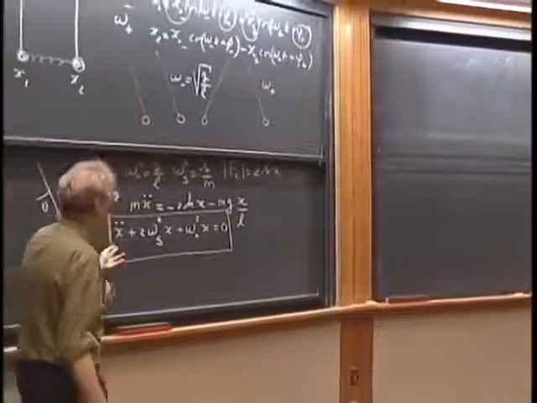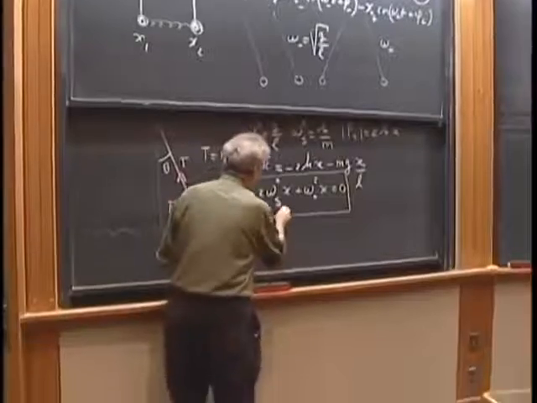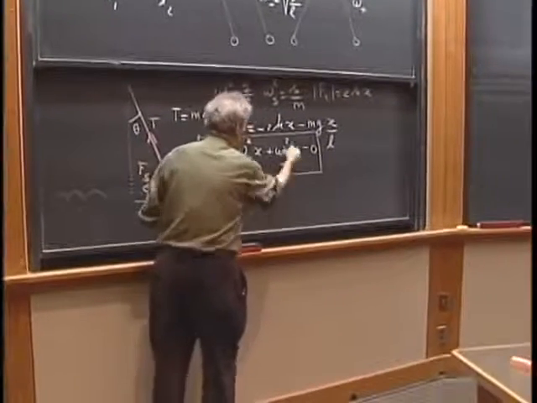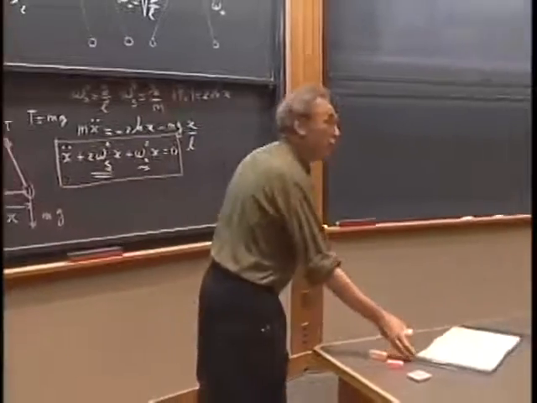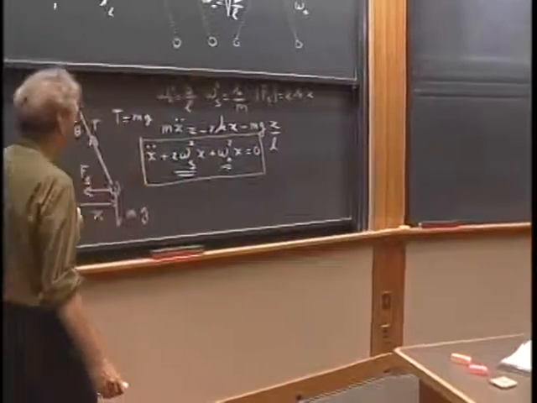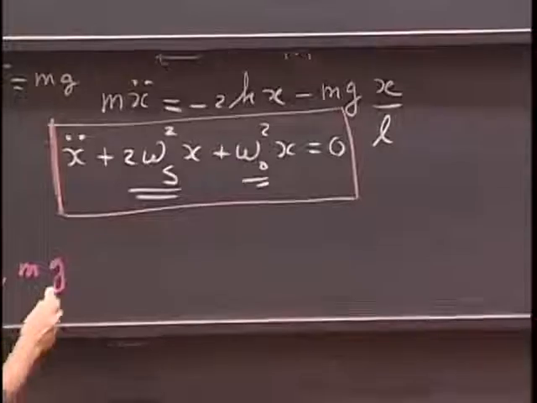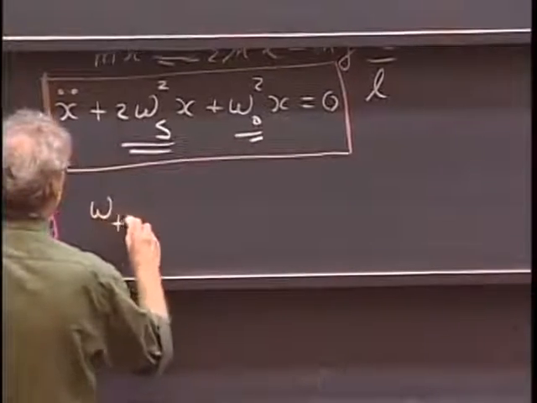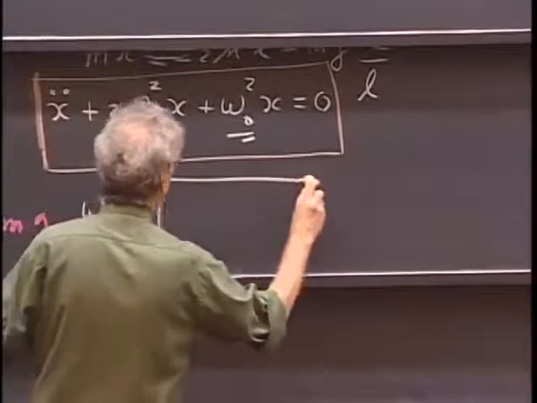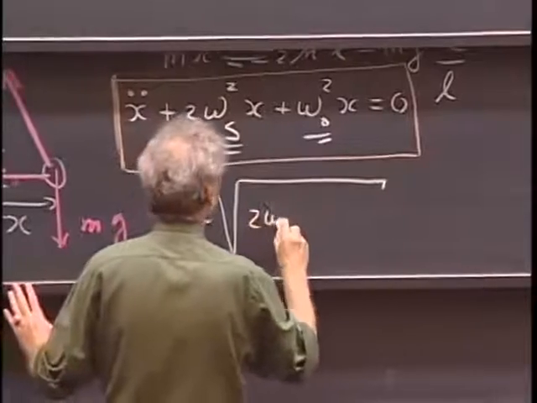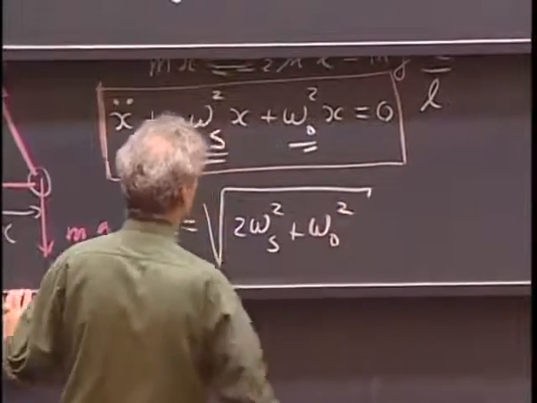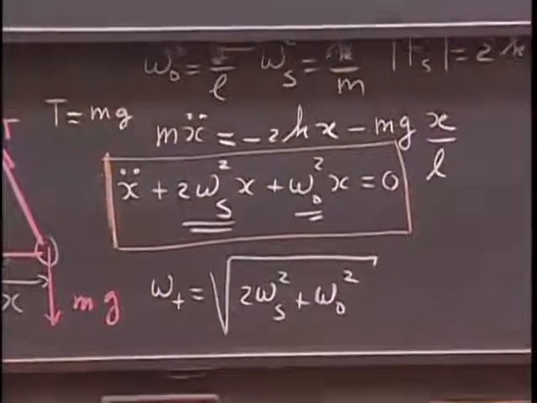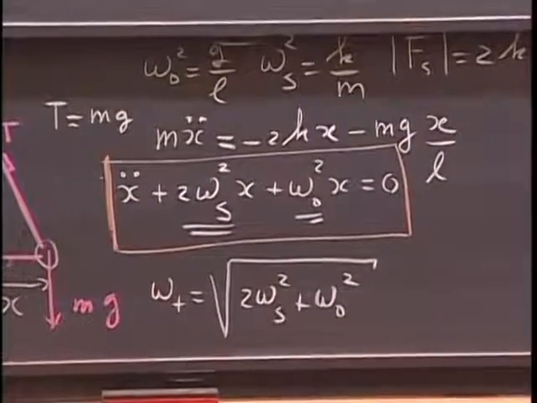It is x double dot plus something times x. And so the new frequency, which I will call omega plus, is the square root of 2 omega s squared plus omega 0 squared. And what you see is something that I already anticipated, which was consistent with your intuition.